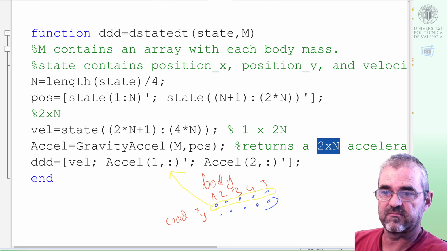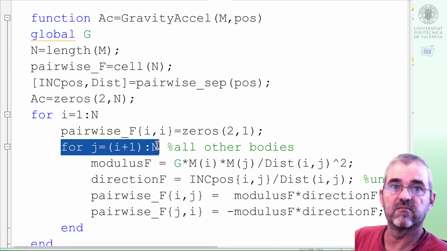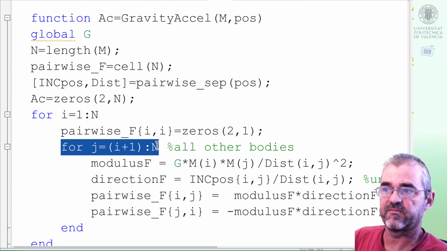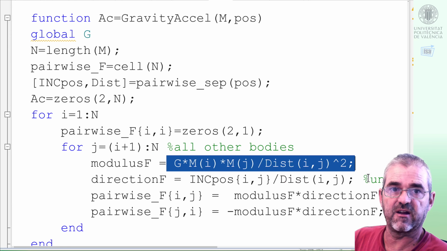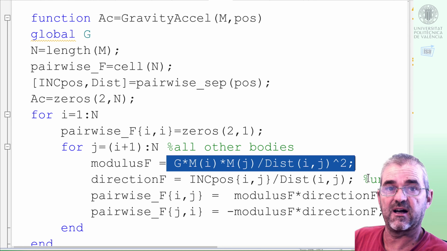Then for any pair of bodies i and j, again with no need of all of them because of symmetry, the modulus of the gravitational force is just Newton's formula: the gravitational constant, which is a global variable I defined elsewhere, times the product of masses divided by the square of the distance between bodies i and j.